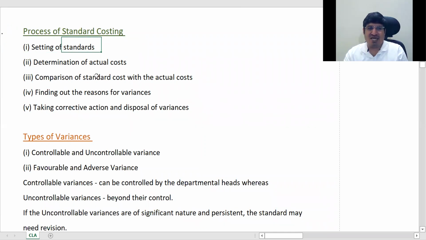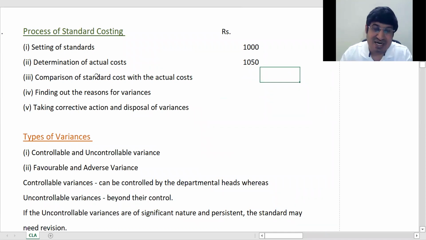Okay, first, setting of standard. Say I am saying that 1,000 rupees should be the standard. Then determine what the actual cost was. Okay, so actual cost was 1,050. Compare standard and actual. Compare these two. Actual is more, right? So if the actual is more, it is said to be unfavorable variance, or you also call it adverse variance.